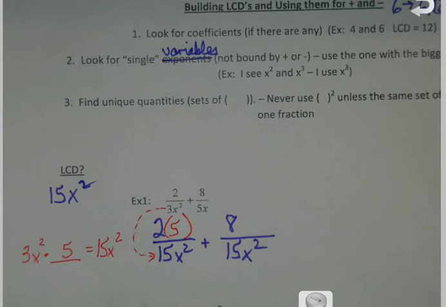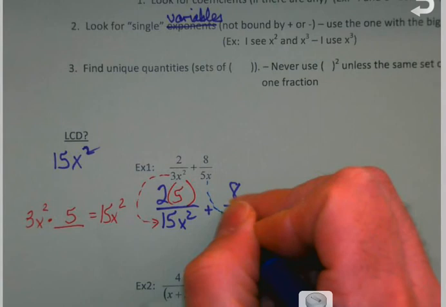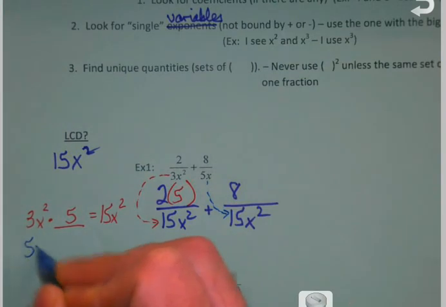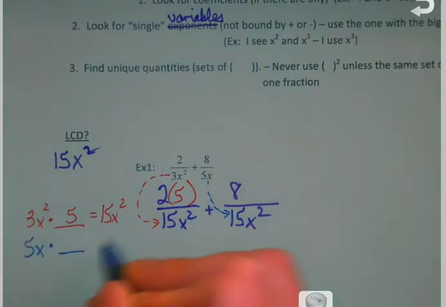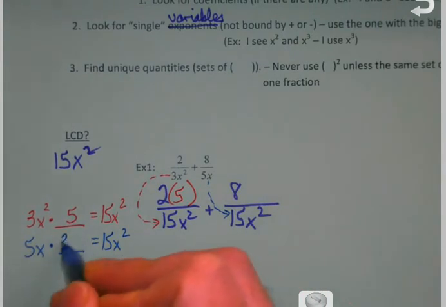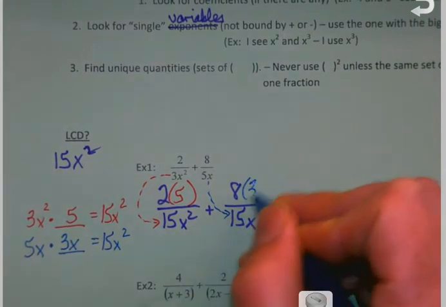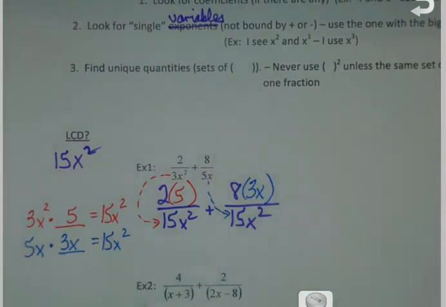And I'm going to play that same game on the next part. So how do I get from 5x times something equals 15x squared? Well, 5 times 3 is 15, and x times x is x squared. So that's the value that I'm putting up here.